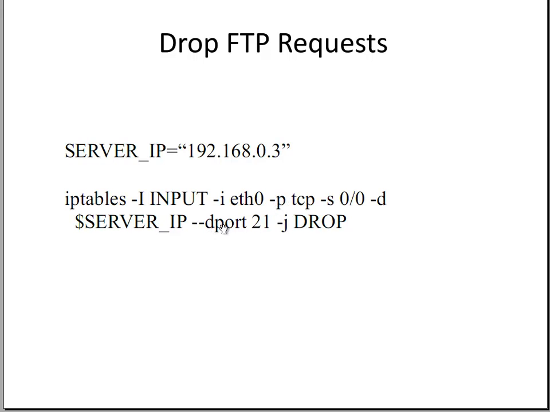If we use the longer version that's more than one character, we have to use a --. So it's --destination-port 21, the target is to drop. So what this says is any incoming packet that's coming into our eth0 network interface card, that's a TCP packet that's coming from anywhere, and the destination address is this address on port 21, we want to drop it.